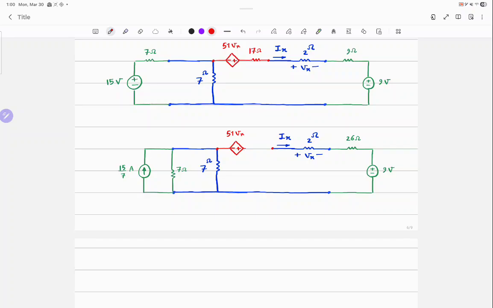Right now, this is just a line, right? Is there anything else I can combine? 7 and 7. The 7 and 7, right? So I will write it as 3.5 ohms.